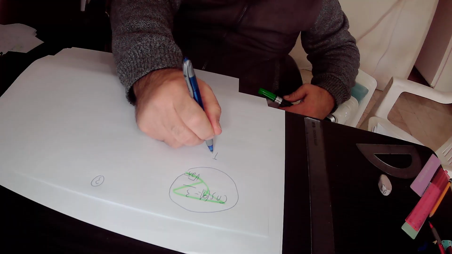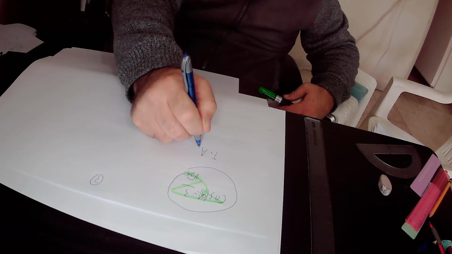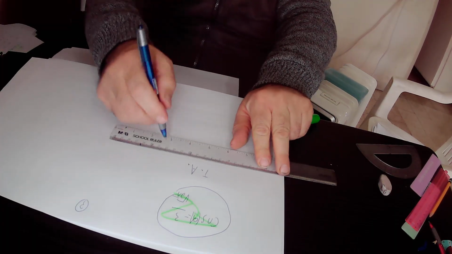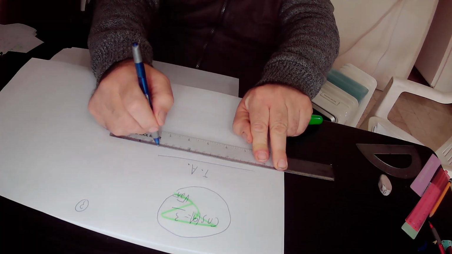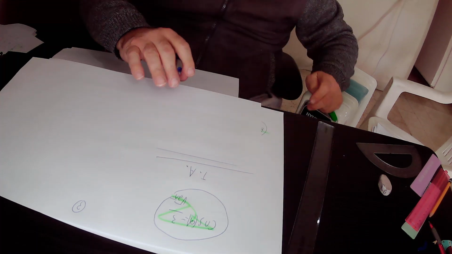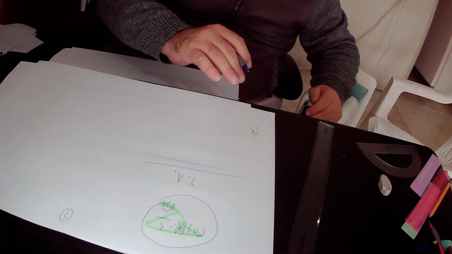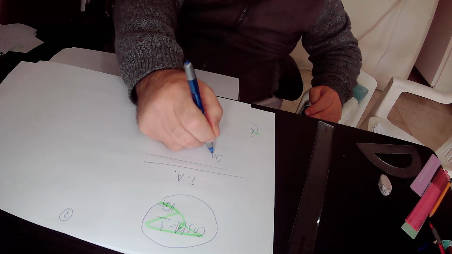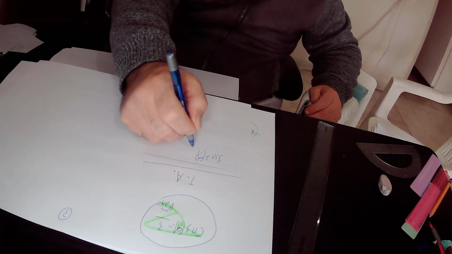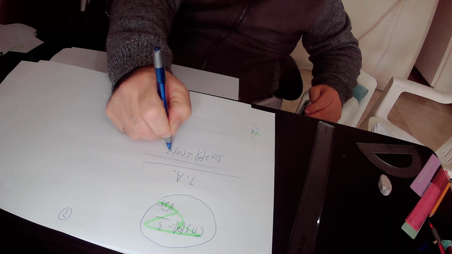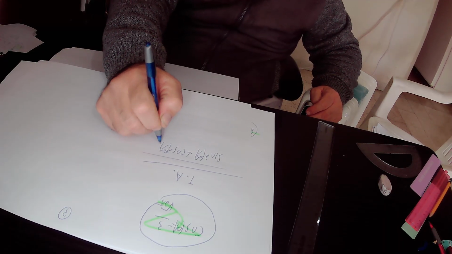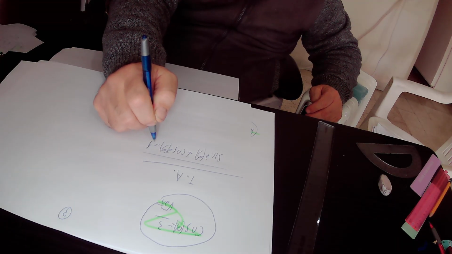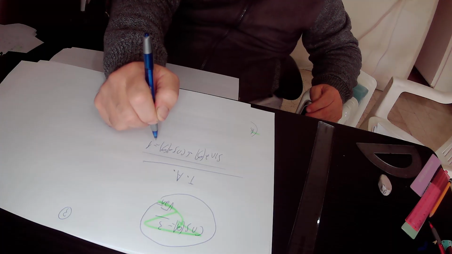Here, TI is an abbreviation for trigonometric identity. We have the trigonometric identity that says that sine square alpha plus cosine square alpha equals 1. It's very easy to prove that this trigonometric identity is true, but we will not do it in this lecture.